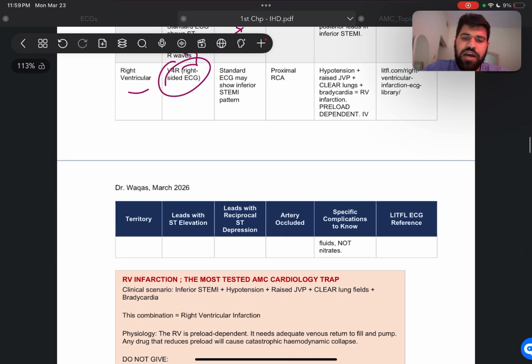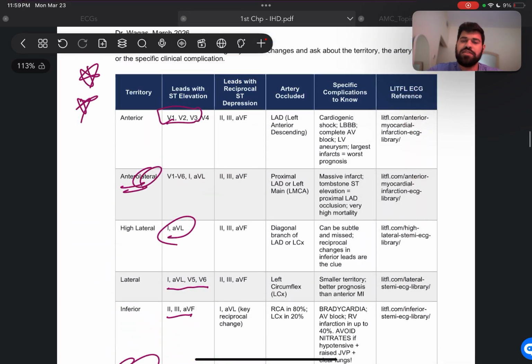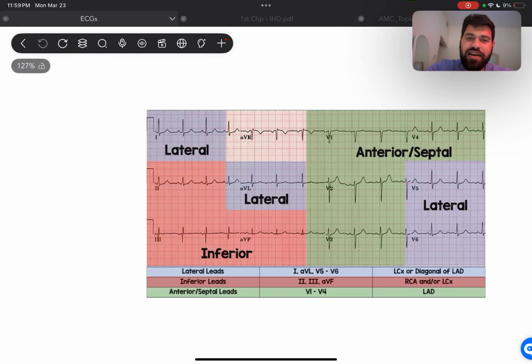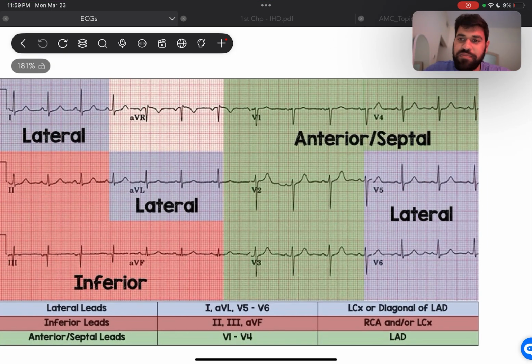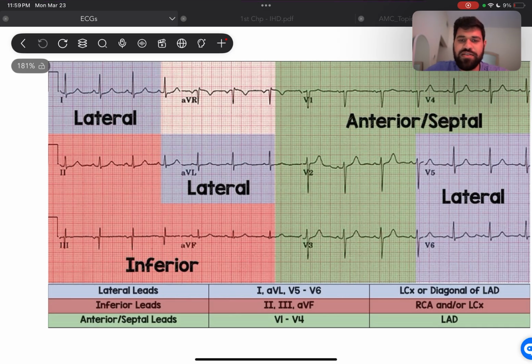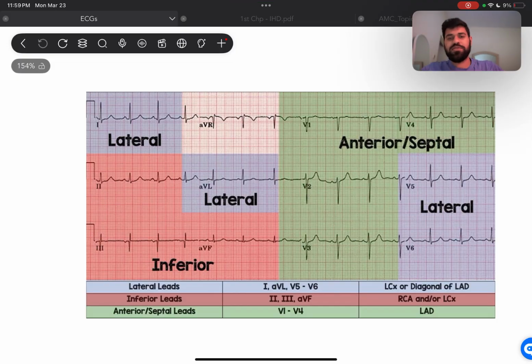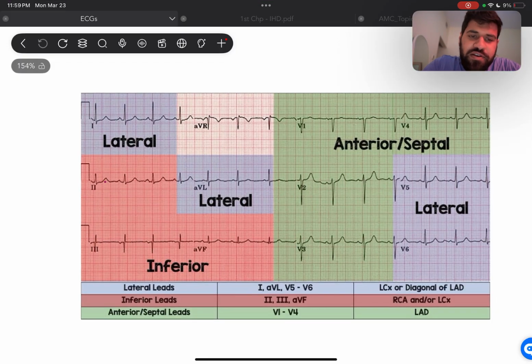Now, in the beginning when I was studying, this was difficult for me to remember. However, I came across this hack and this tip, and I think you should also have it because it made understanding ECGs and seeing where to look very easy for me. So how do you remember which is inferior, anterior, or lateral? For inferior, you draw an I from 2, 3, and AVF.